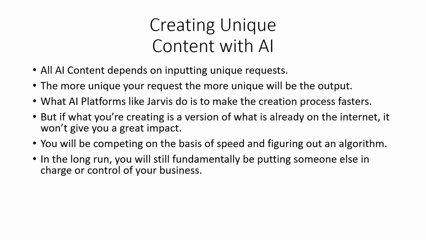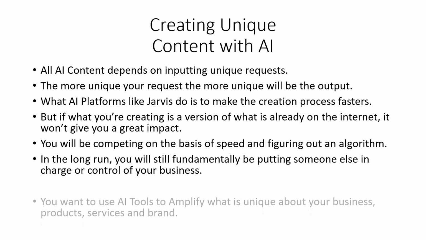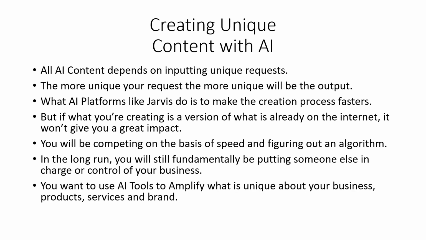You want to use the AI to work faster so that your business is more under your own control. So always amplify what's unique about your business. Always amplify what's unique about the products and services that you are selling. If you can do that and feed the AI with that kind of content, you're going to get a good result from the content.